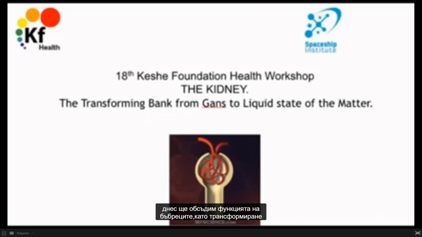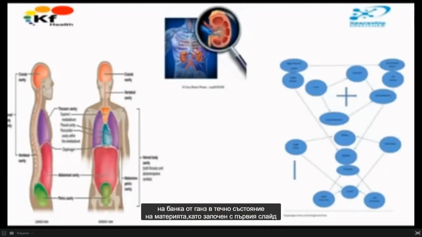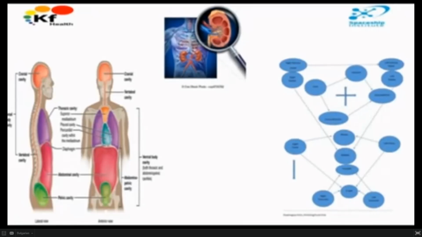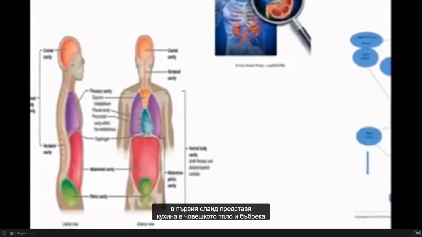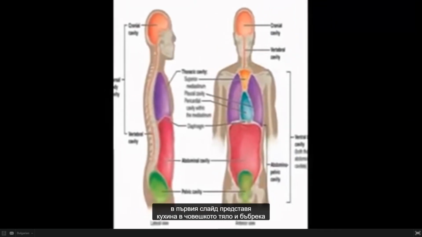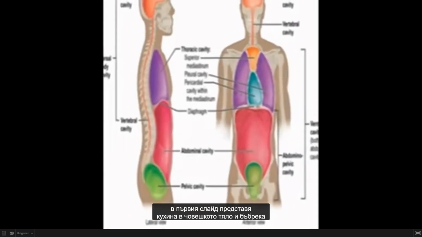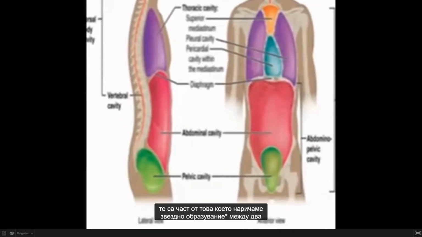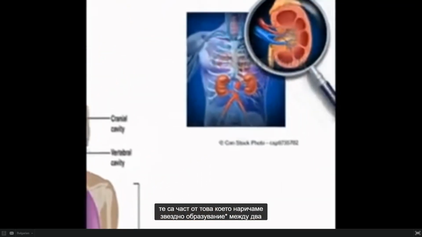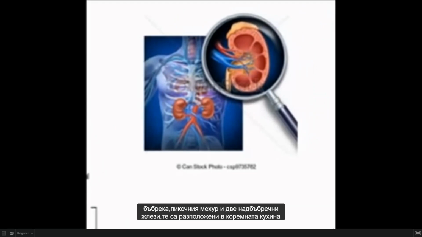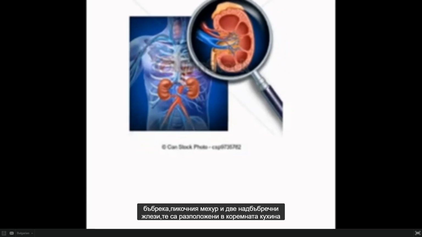Today we'll discuss the function of the kidney, like a transforming bank from GANS to liquid state of the matter. We start with the first slide. The first slide is a representation again of the cavity in a human body. The kidneys are part of what we call the star formation between two kidneys, bladder and two renal glands.